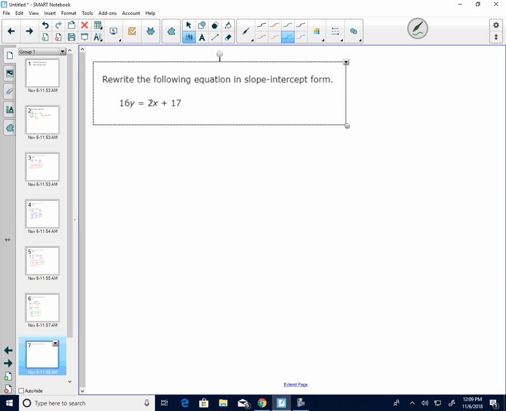Then what happens is this looks different. There's no distribution. We only have 16 times y equals 2x plus 17. Well, to get y by itself, this is again multiplication. So the inverse of multiplying is to divide. And when I divide, I have to divide everything on the right-hand side.